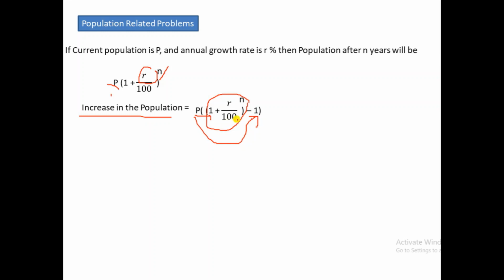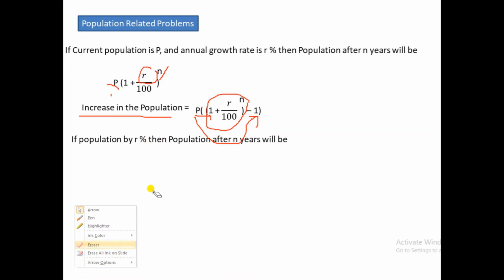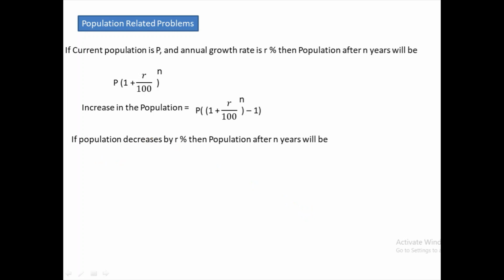And if we have to calculate the increment in population, we just use this formula. When you multiply this P into the bracket, this is going to be the final population, minus P into 1, which is P, the original population.